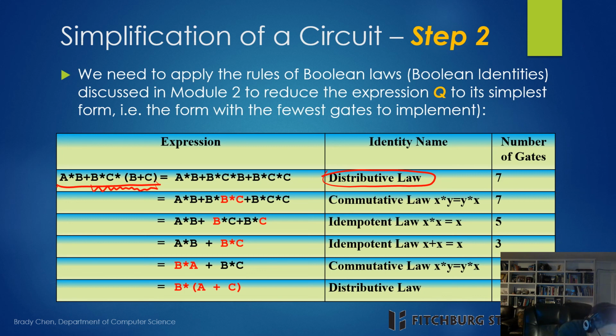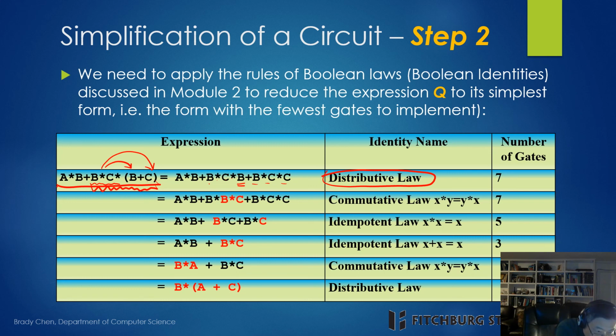The distributive law says we can multiply B times C with the first item. So it's B times C times B. And then we apply B times C with the second item C. So it's B times C times C. Okay, so that's the distributive law.